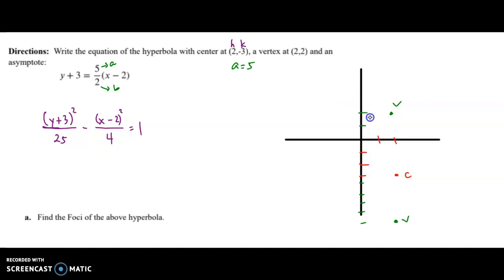If we were to graph this, the b value was 2, so that means from the center, I'm going to go 2 units to the right and to the left, which is here. And these 4 points I'm going to use to draw the rectangle, right here.